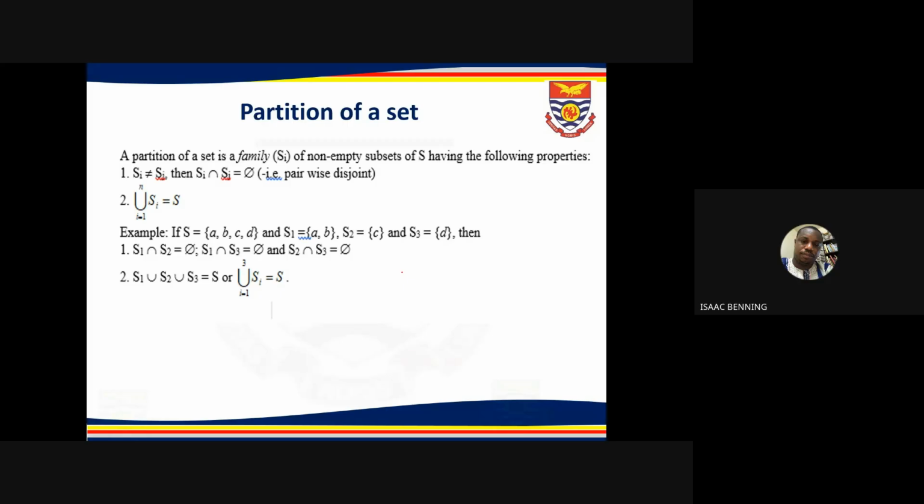A partition of a set is a family of non-empty subsets. So let's underline this one. It's a family of non-empty subsets having the following property. Meaning, when we have a set. Please, say hand is up. Okay.